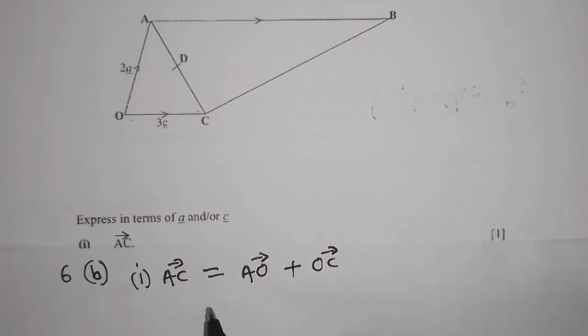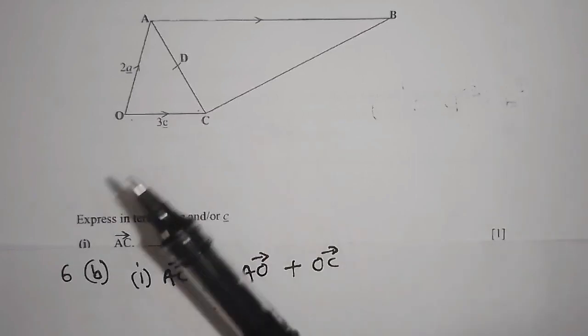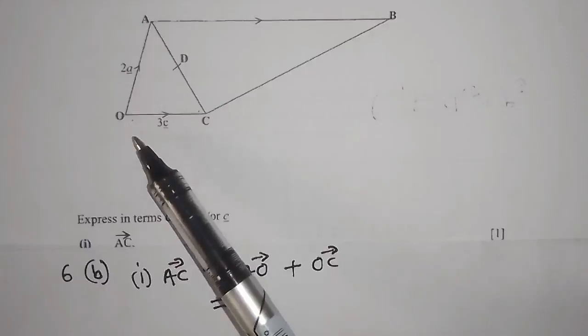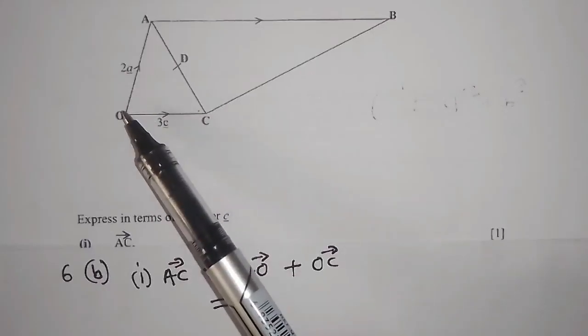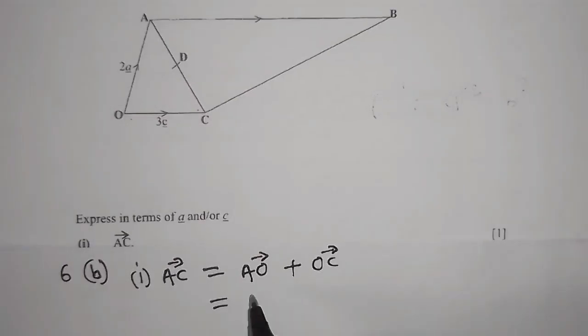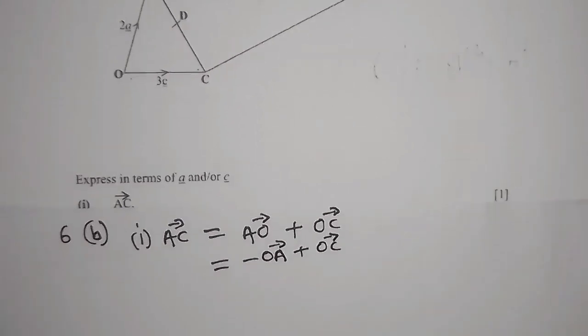Then from there, look at the way you are moving, the direction: AO is actually against the one you have been given in the diagram, because it's pointing to OA. So we are against that one, so we can reverse it by saying negative OA plus OC.